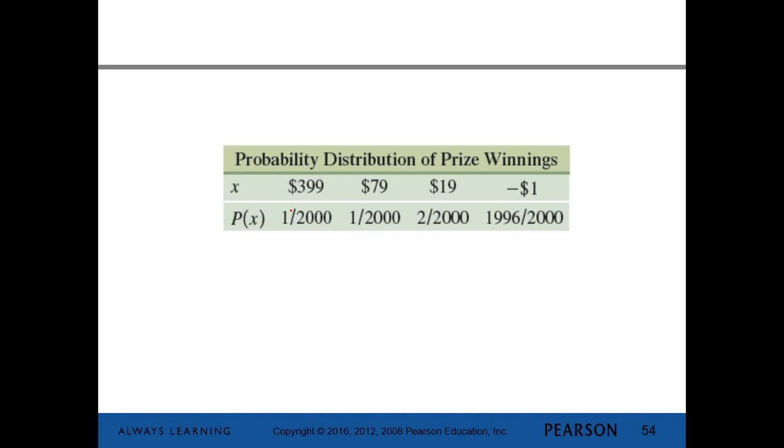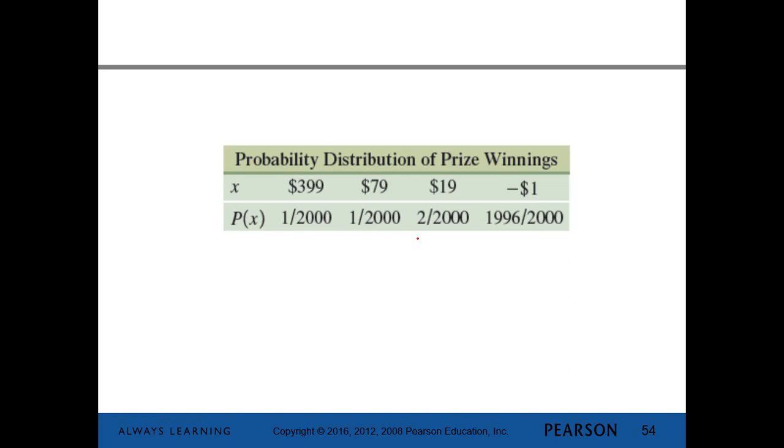Then your corresponding probabilities: there's only one TV set, so of the 2,000 raffle tickets that could be chosen, the probability of winning the TV is 1 out of 2,000. The probability of winning the dinner is 1 out of 2,000. The probability of winning a CD is 2 out of 2,000 because there are 2 of them.